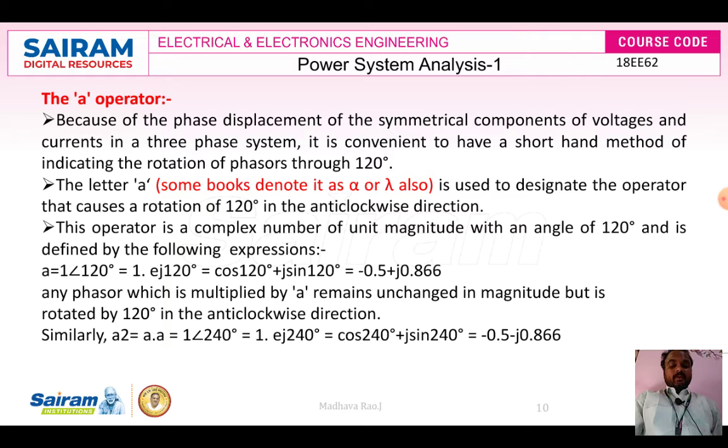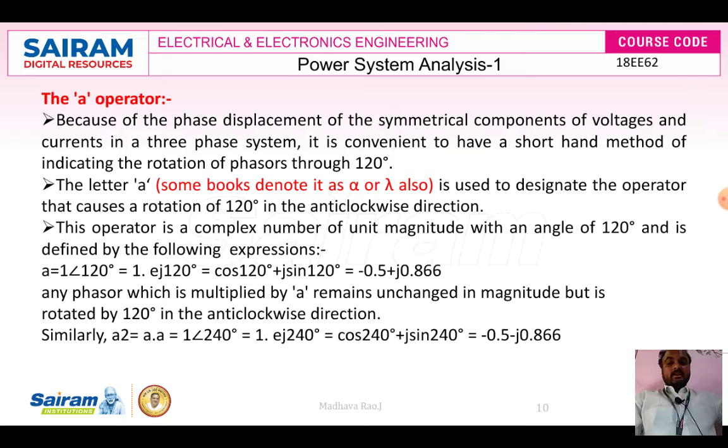A is equal to 1 at an angle of 120 degrees, which is 1 e power j120 degrees in exponential form. We can write this as cos 120 plus j sin 120, where cos 120 is minus 0.5 and sin 120 is 0.866.